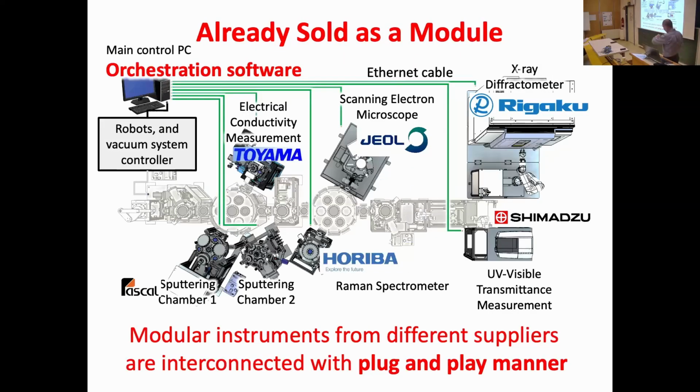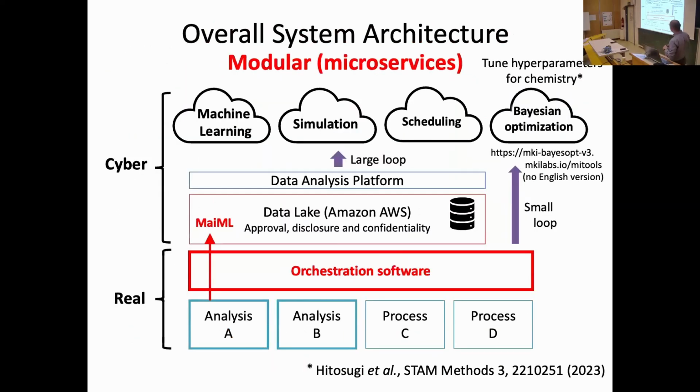And the materials and the cyberspace is changing. So one of the problems is that the data format is different. Like X-ray diffraction, SEM, the format always depends on the vendors. So it's really difficult to collect data.